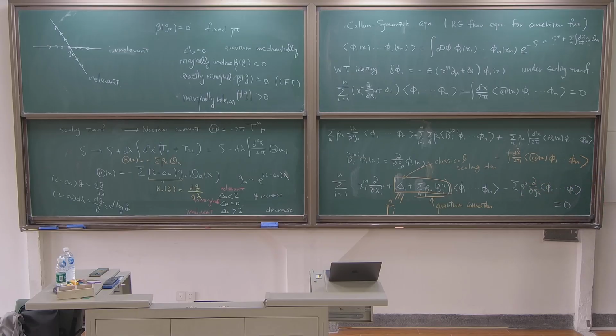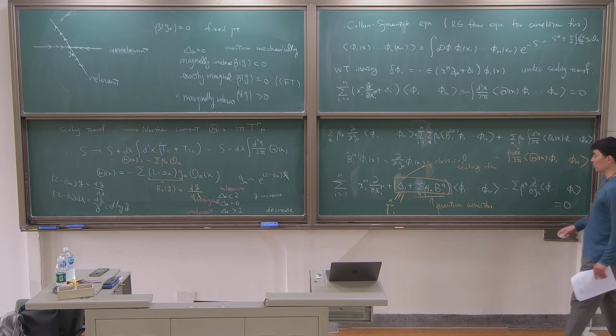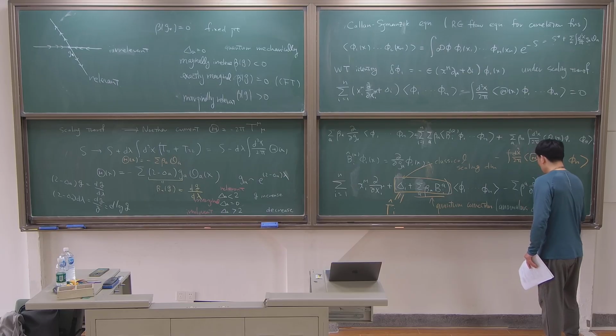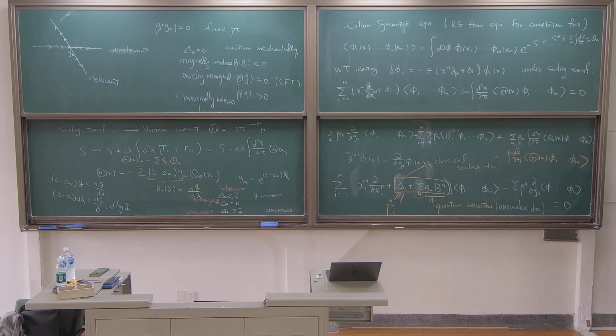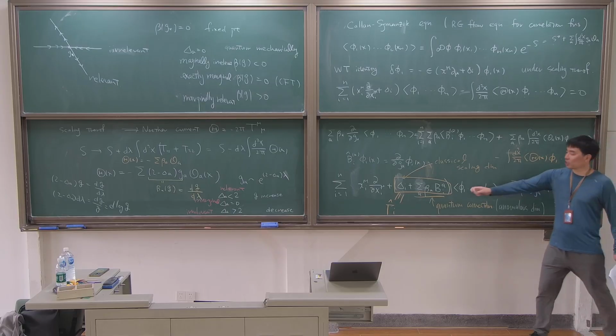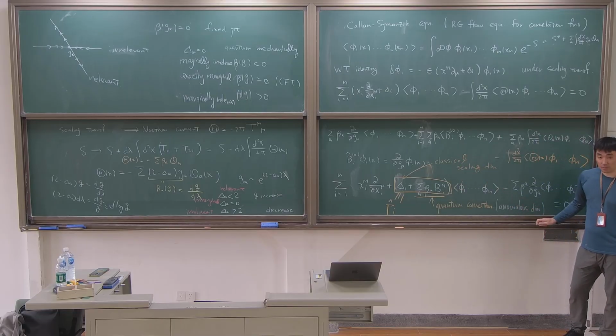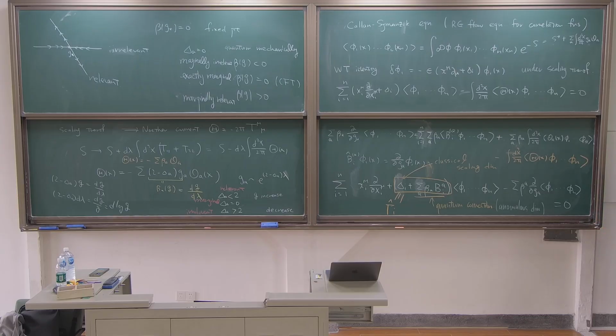So that's quantum mechanical. This is called the Callan-Symanzik equation. This quantum correction is called the anomalous dimension, because it is a correction to the classical scaling.